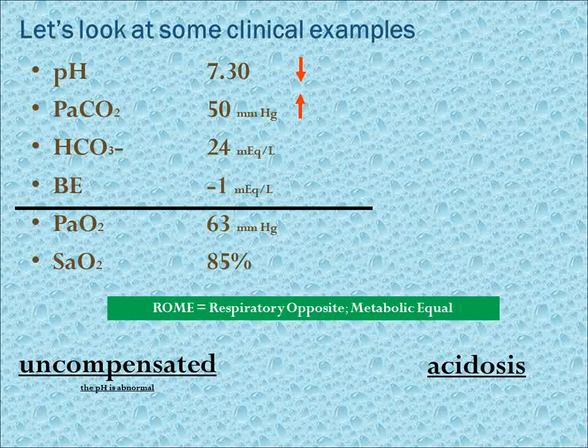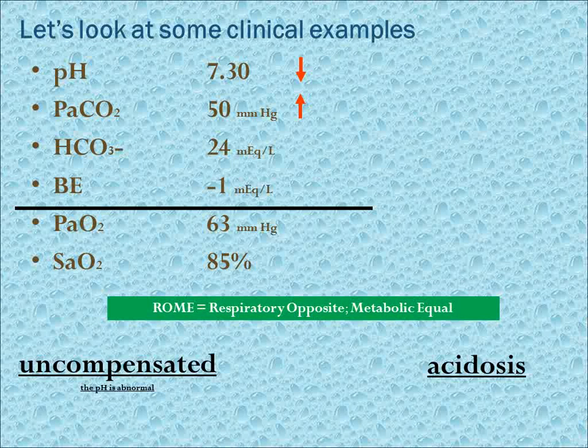Now I look at Mr. Metabolic. Mr. Metabolic is linked to the bicarbonate, and when we say metabolic, we really do mean kidney, because we call it metabolic since anything outside of the respiratory system is deemed metabolic, but the majority of actions done in the metabolic system are done by the kidney, so we also think kidney.